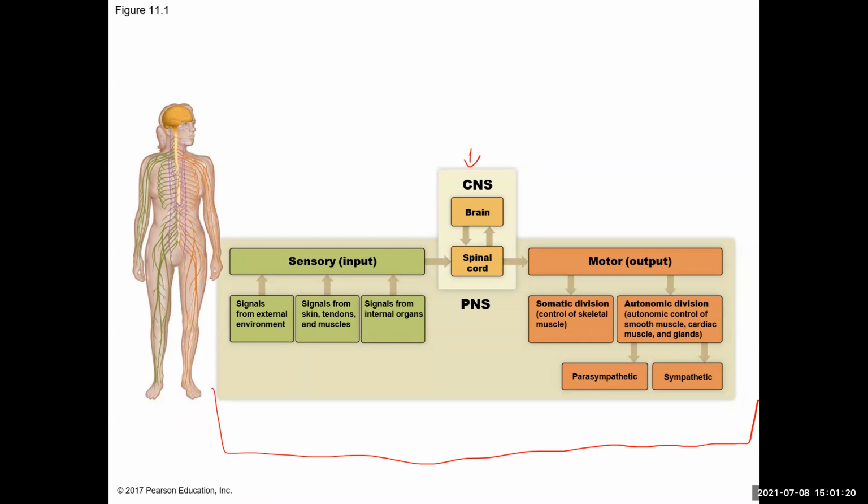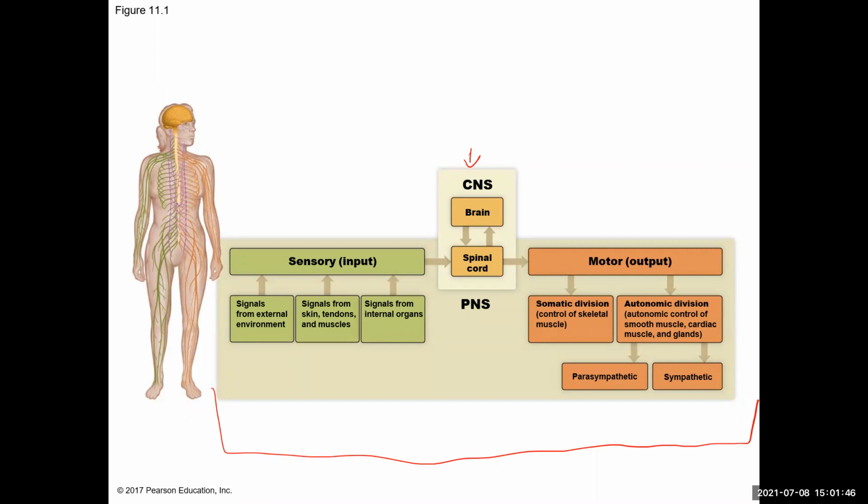So any kind of signals from the external environment, from tendons, muscles, or internal organs will be taken to the central nervous system, processed, and then appropriate responses will be sent to the motor nervous system, where it will either be voluntary control or involuntary control. Okay, so somatic is the voluntary control, and autonomic is the involuntary control.